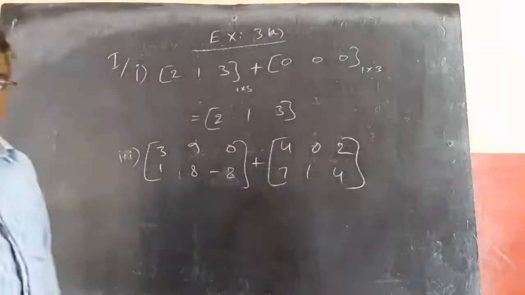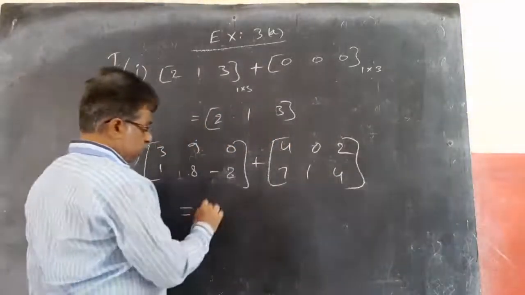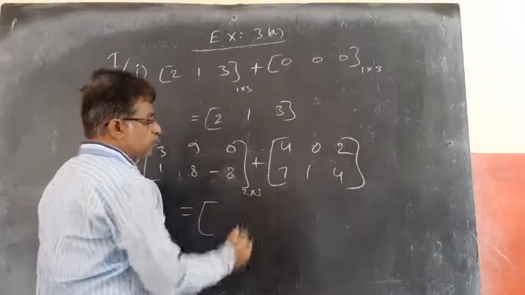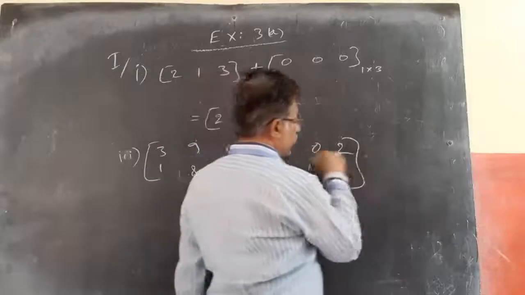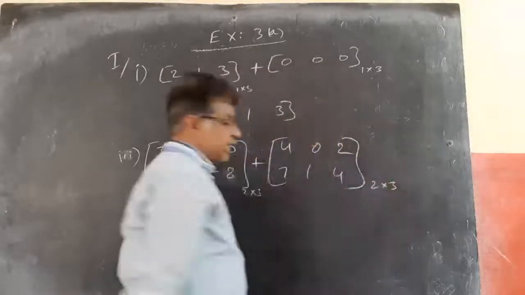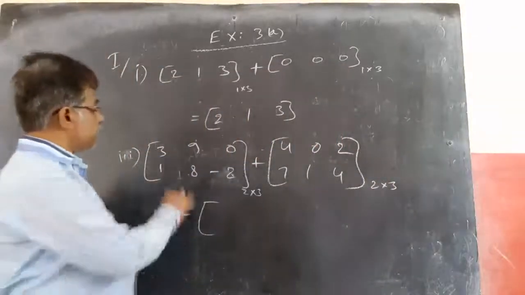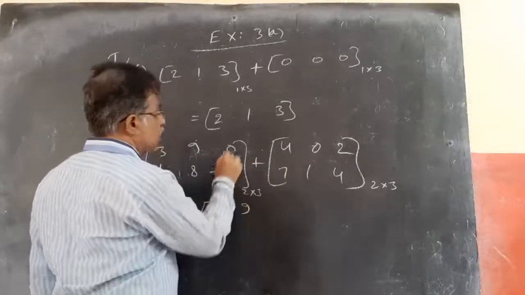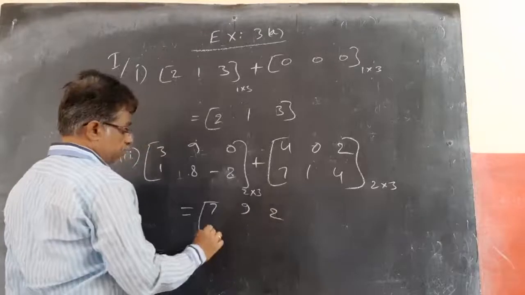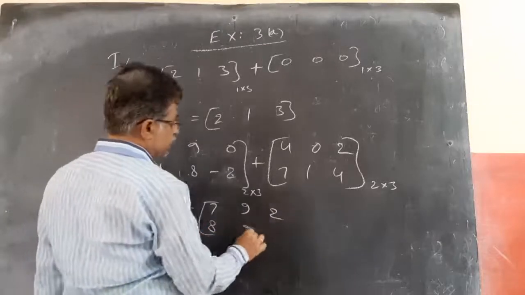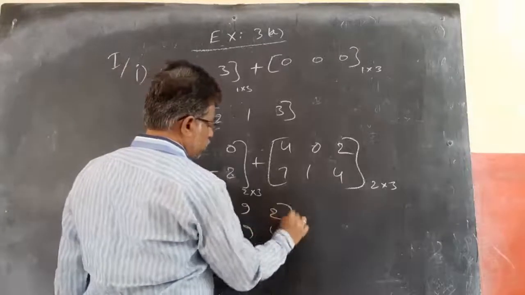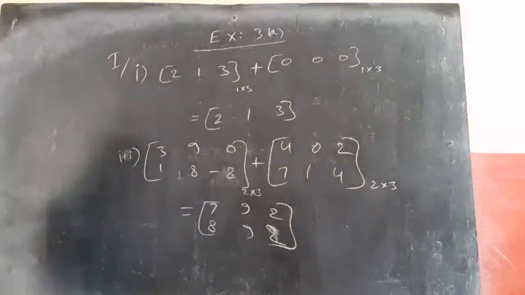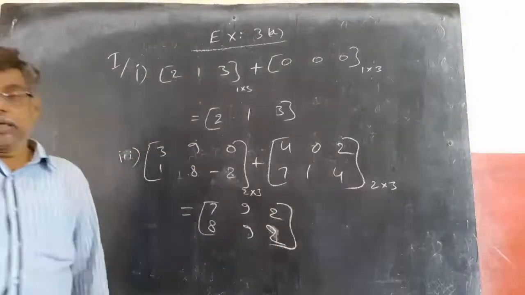Addition of these two matrices is also asked. First check if both are of the same size or not. This is of 2 by 3, this is also of 2 by 3. So addition is possible. Now add the corresponding elements. 3 plus 4, 7. 9 plus 0, 9. 0 plus 2, 2. 1 plus 7, 8. 8 plus 1, 9. Minus 2 plus 4, plus 2. So this is the addition of the matrices.